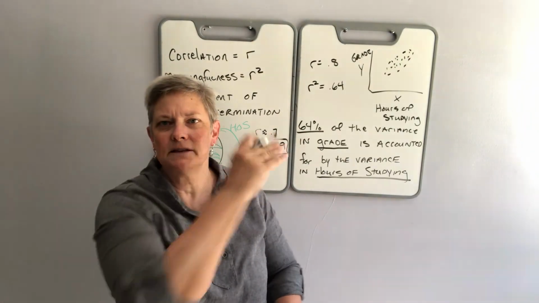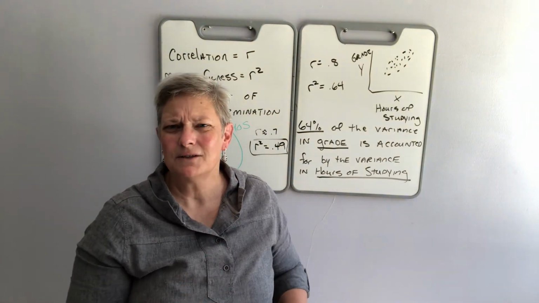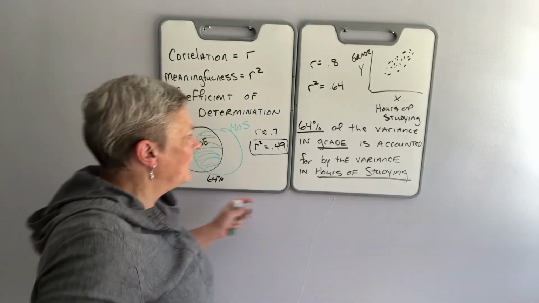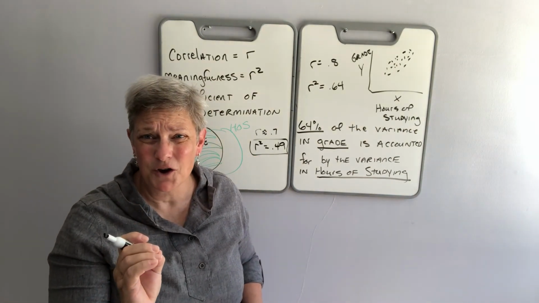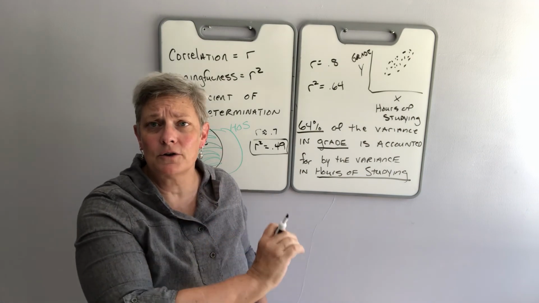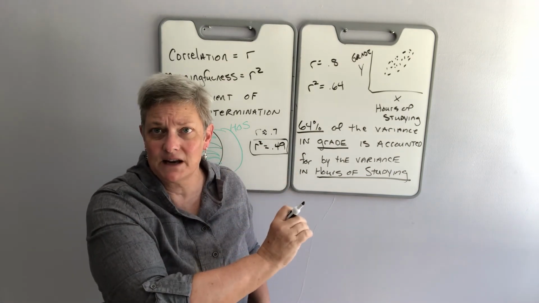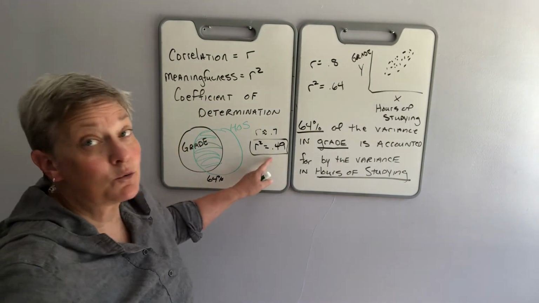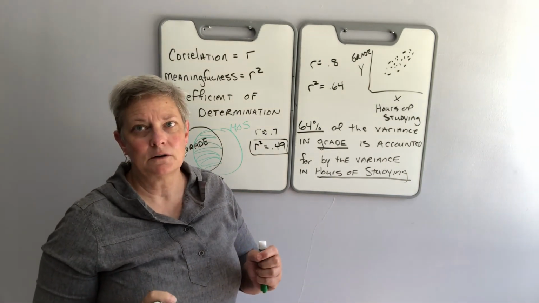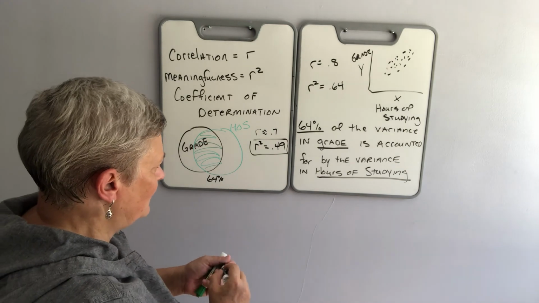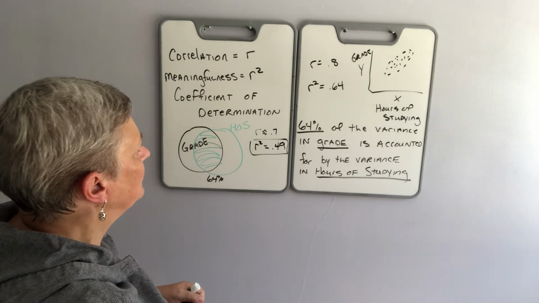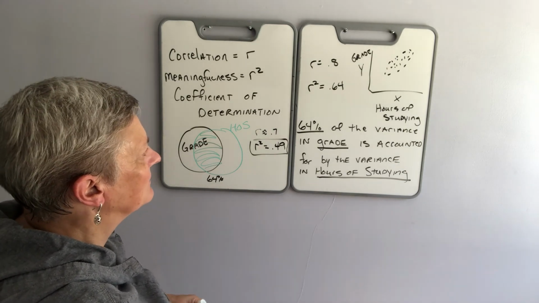We're kind of lazy mathematicians: about 50% of the variance. If you can account for 50% of the variance with only collecting one other piece of data, then this works wonders. So that is meaningfulness in a nutshell.